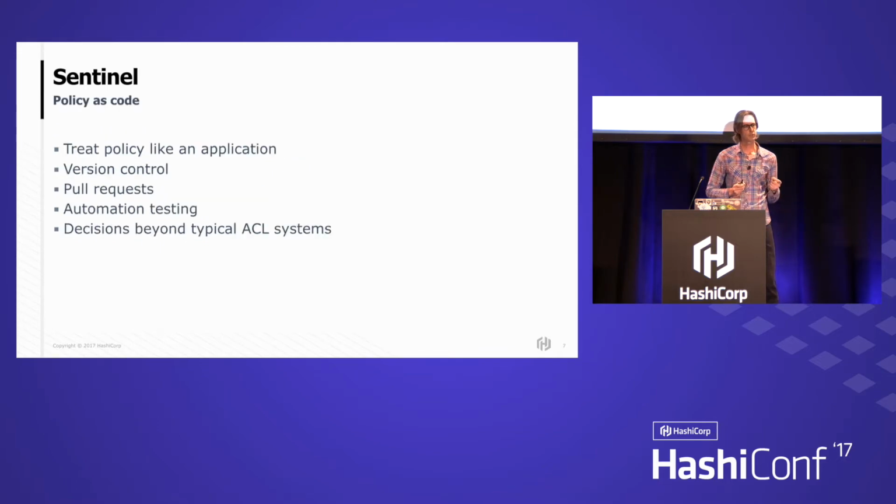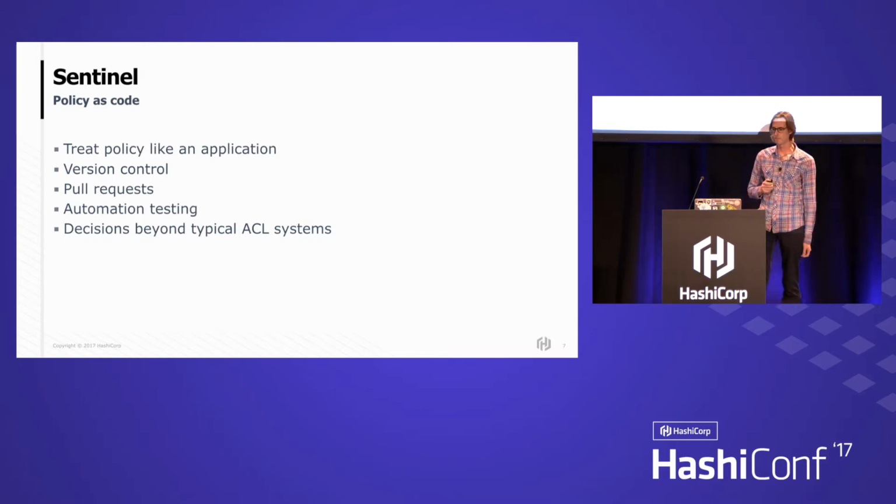Writing policy as code means we can treat it like an application. So we can version control it. We can do things like code reviews on the policy. We can write automated tests for our policy. And we can use real programming constructs to determine these policy decisions. This is all beyond the bounds of a typical ACL system.